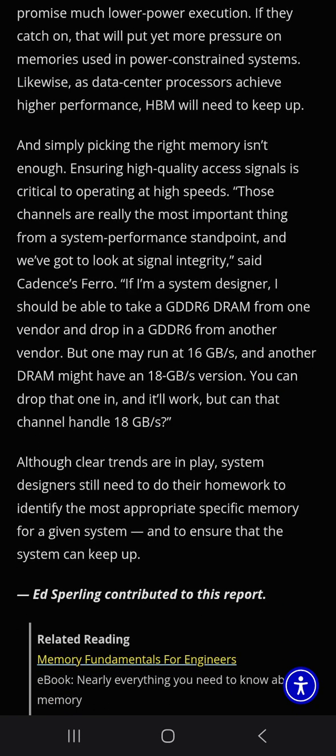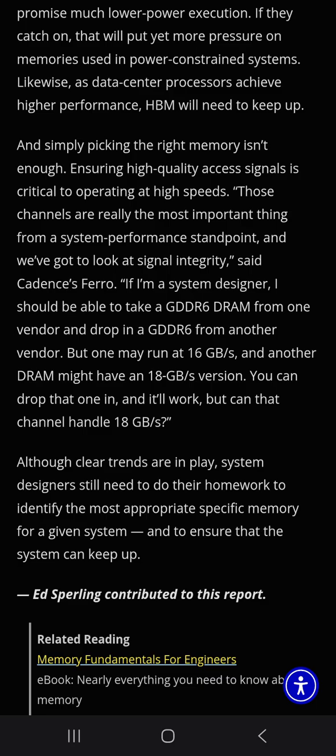If I'm a system designer, I should be able to take a GDDR6 DRAM from one vendor and drop in a GDDR6 from another vendor. But one may run at 16 Gb per sec, another DRAM might have an 18 Gb per sec version.